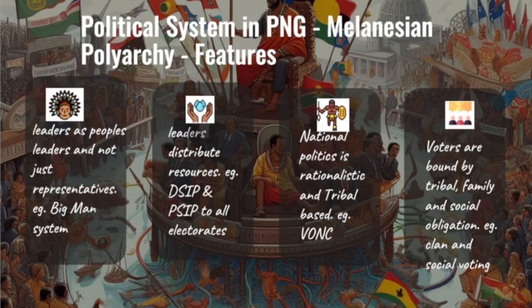In Papua New Guinea, leaders are more than just elected officials. They are seen as big men representing their villages, societies, and electorates. This system highlights that leaders are both tribal leaders and national representatives, blending traditional authority with modern governance.